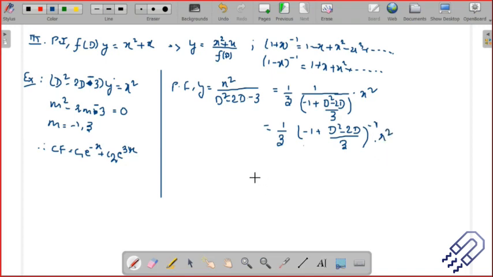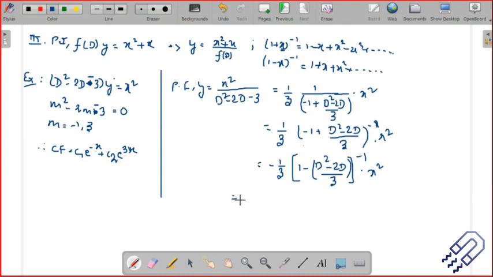Now we can do the binomial expansion in this case. We take the minus sign out, so we get minus 1 by 3, and within the bracket 1 minus d square minus 2d divided by 3, to the power minus 1, into x square. We take this as the second part of the binomial expression, so this is your x in this case.